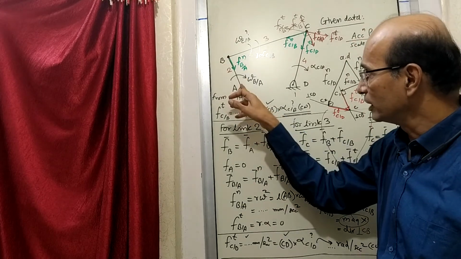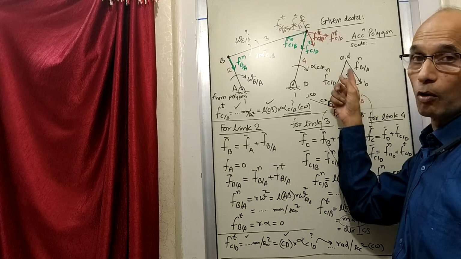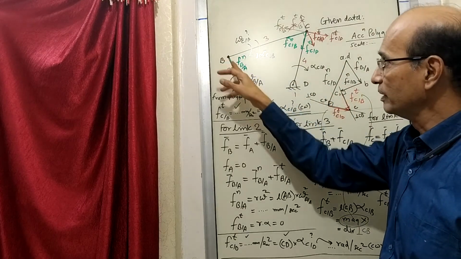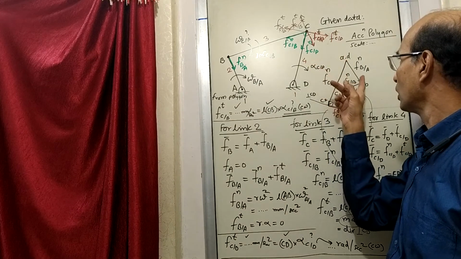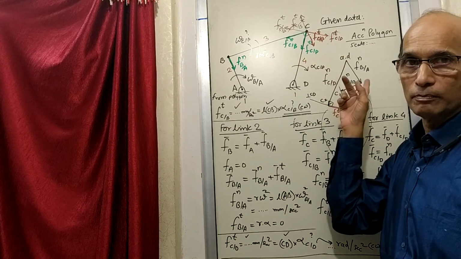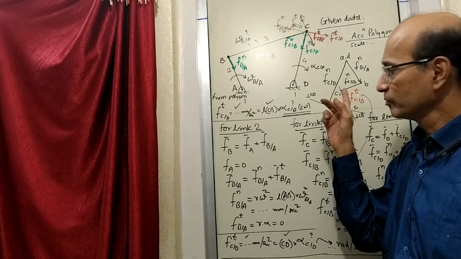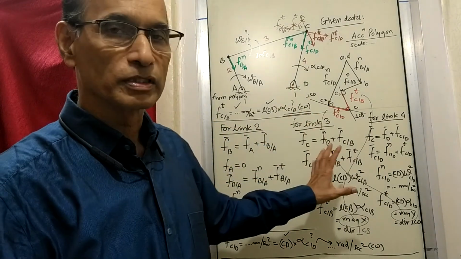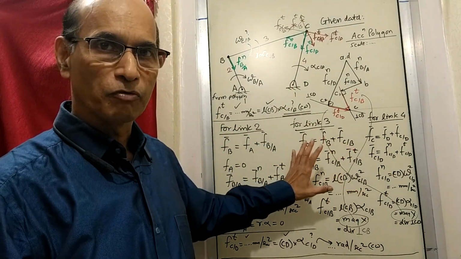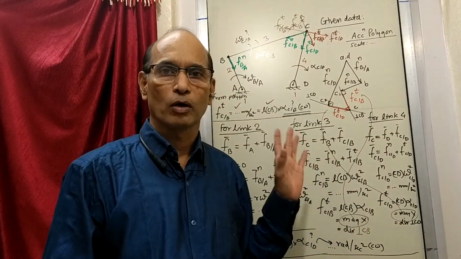Direction is from B to A in the linkage diagram, and here it is from small a to small b. Capital B to capital A in the linkage diagram, small a to small b in the acceleration polygon. Make a good note of this, how it is drawn. Okay, and this is the way it is solved. So just go through this again and try to understand and follow this very well, so that the rest of the problems will not be so difficult for us to solve.